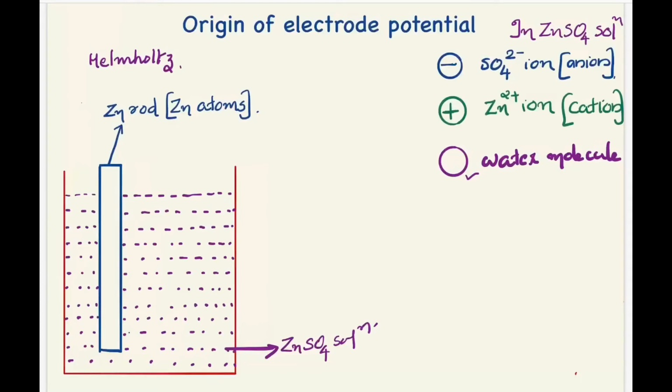For that, we are taking the same example, zinc rod in zinc sulfate solution. It's a single electrode. The zinc rod contains zinc atoms, and the zinc sulfate solution contains negatively charged sulfate ions. We call it an anion because it carries negative charge. Zinc ions, we call them cations because they carry positive charge, and they are represented using this symbol.